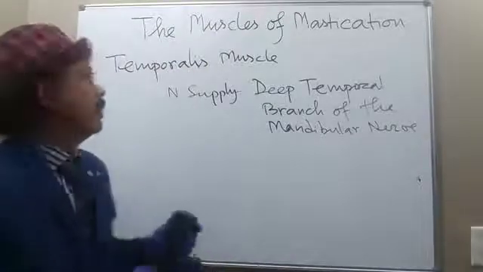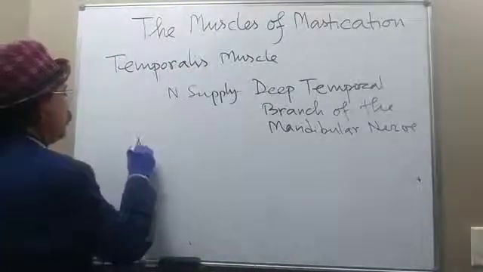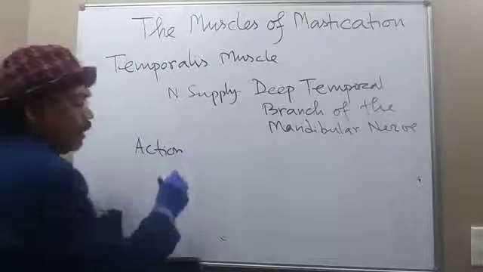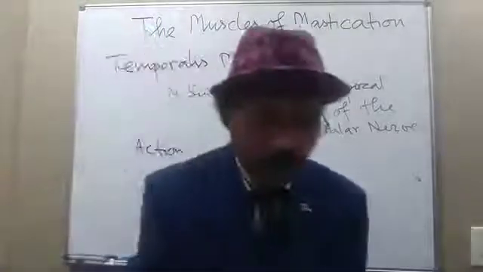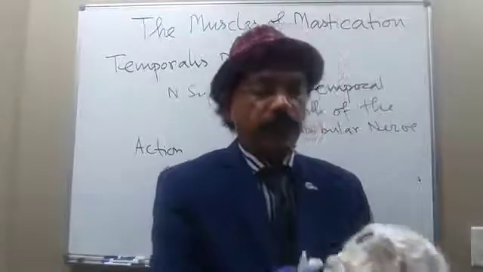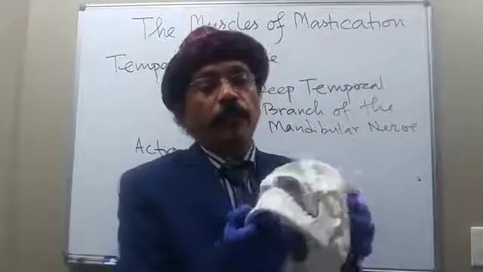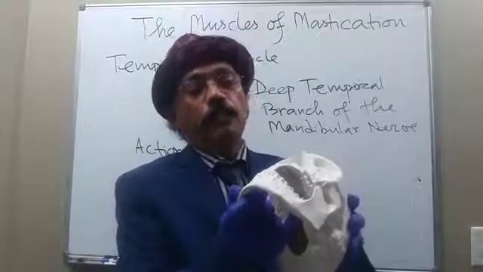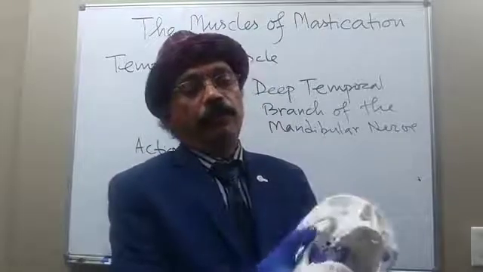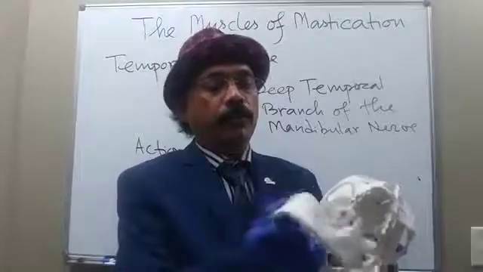What is the action? It elevates the mandible. When we deal with action, we always pull the insertion towards the origin. So this is the insertion, this is the origin.